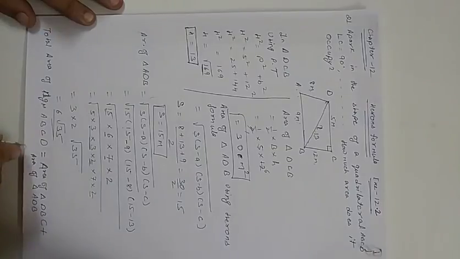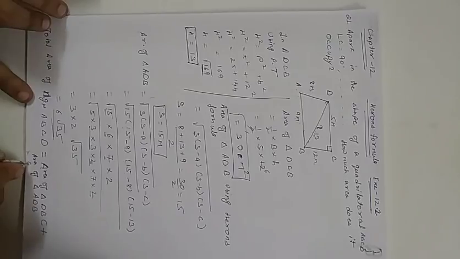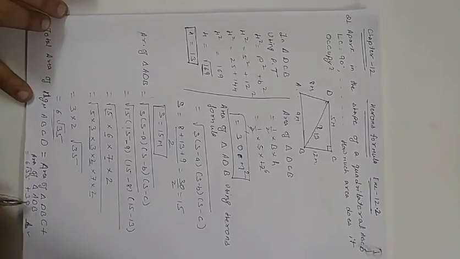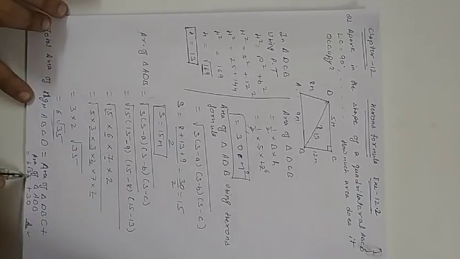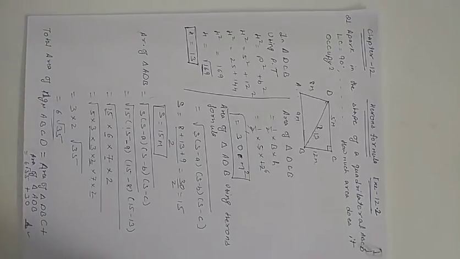So that equals 6 under root 35 plus 30. This one is the answer, correct. You cannot add a root term to a term without root. So what is the answer? The answer is 6 under root 35 plus 30.